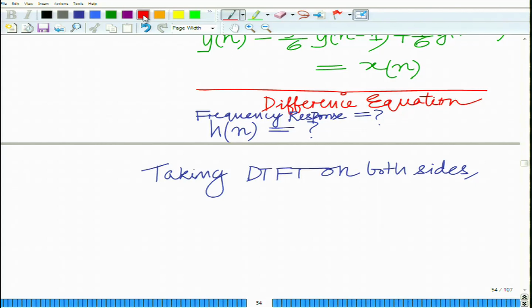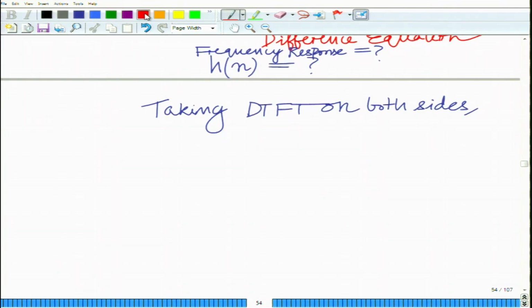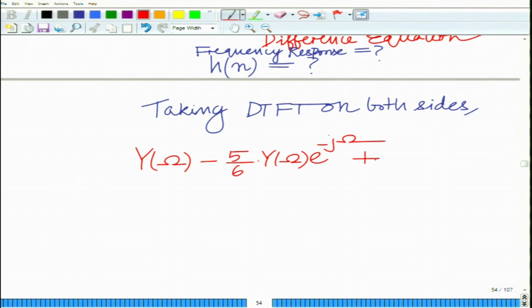Taking the DTFT on both sides, what we have is that the DTFT of y[n] is Y of omega, minus 5 by 6 times the DTFT of y[n minus 1], which is Y of omega into e raised to minus j omega, because time shift becomes modulation in frequency, plus 1 over 6 times the DTFT of y[n minus 2], which is Y of omega e raised to minus j 2 omega.